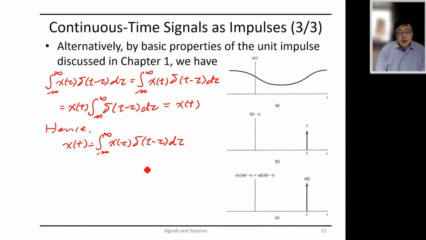So even though we could have attained this shifting property much easier in this way, going through this development allows us to draw some relation with the discrete time case.